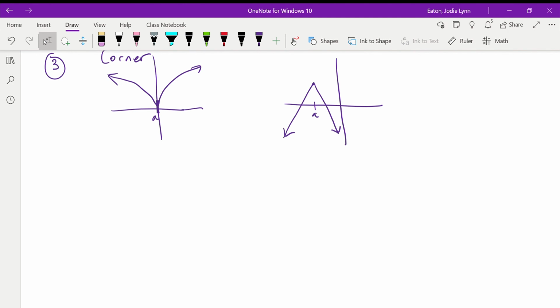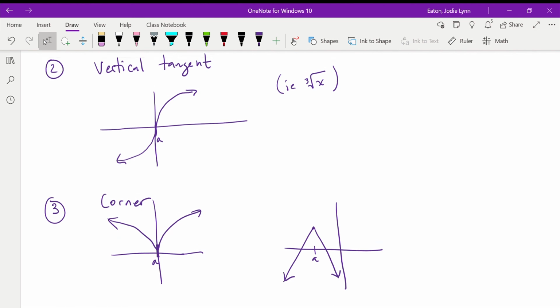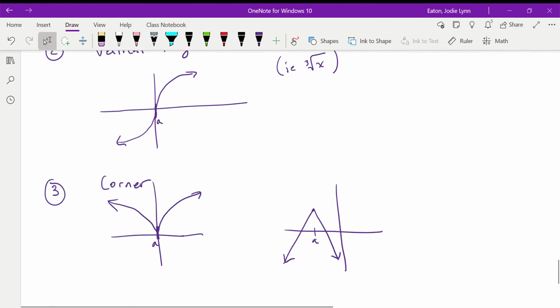So, we have a theorem about differentiability and continuity. You may see that the first one is about discontinuity, but the second two are not.